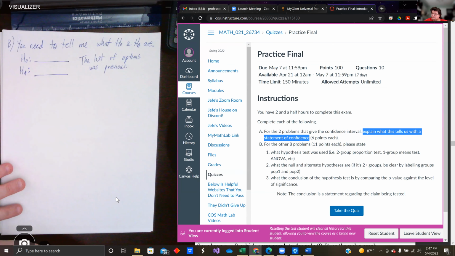C, it's a good idea, although not required. This part's optional, but recommended. Show me your decision-making process, i.e., is p-value less than alpha?